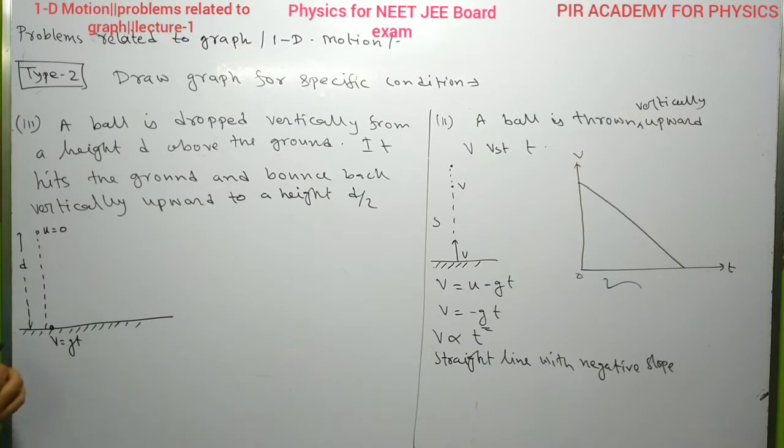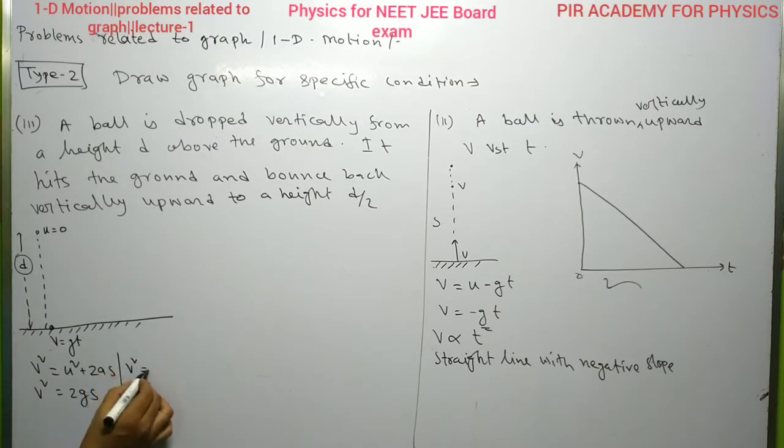If I relate height and velocity, then v squared equals u squared plus 2as. Since u is 0, it will be 2gs. Here s is the height, so v squared equals 2gd. So v squared is proportional to d.